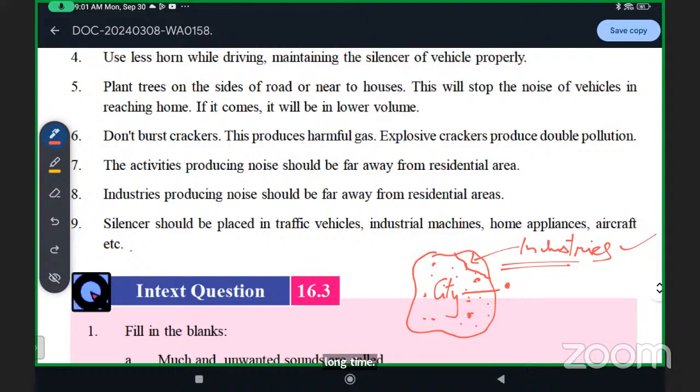Then the government passed a rule that everybody had to change their silencer from a rocket silencer to another one, because the rocket one was very loud. When my father changed it, the sound became lesser. So I was saying that the government is also taking some precautions.